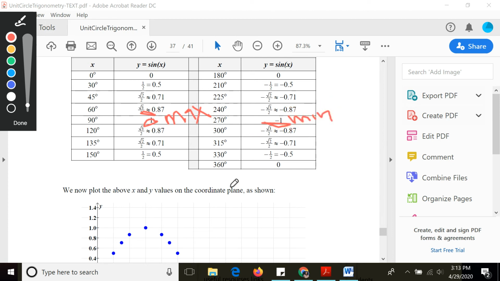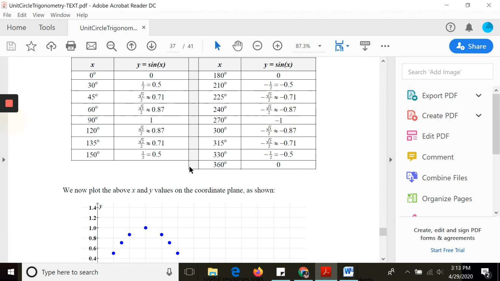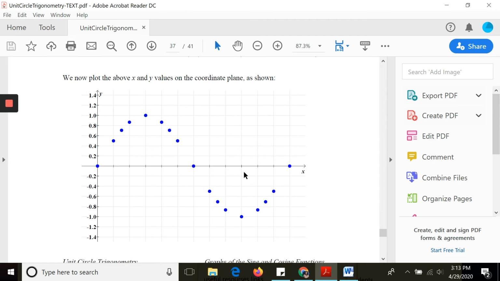Now, if you extend this graph, and we can use technology to do it, you can use your GDC. Right now it's 0 to 360. If I do 0 to 720, you will see that the whole thing will repeat, which means the period of sine is 360 degrees.